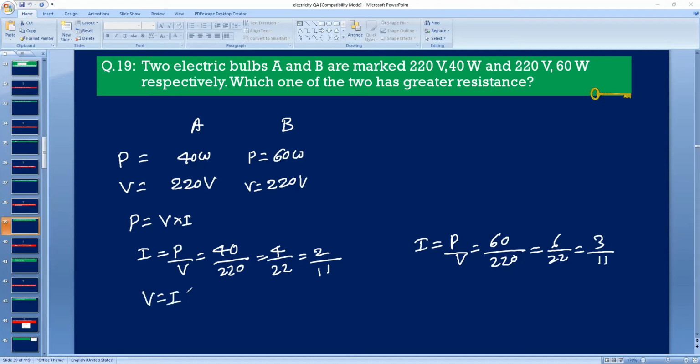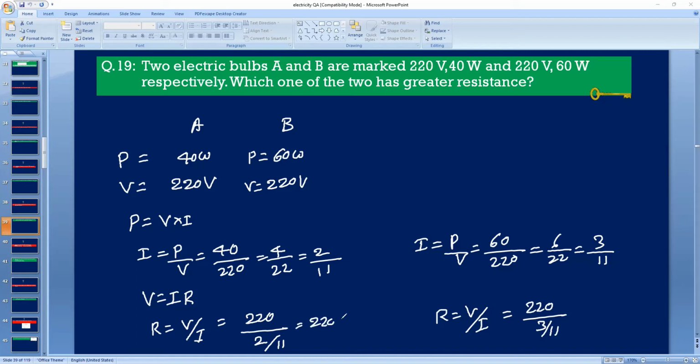V is equal to IR, R is equal to V by I. So for the bulb A resistance, V value 220 by I value 2 by 11. B bulb resistance R is equal to V by I, 220 by 3 by 11. You can write 220 into 11 by 2. Here 220 into 11 by 3.